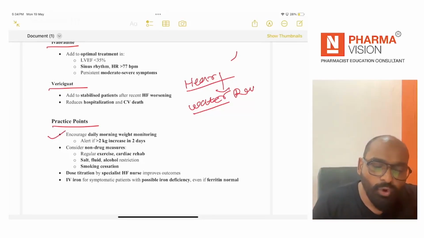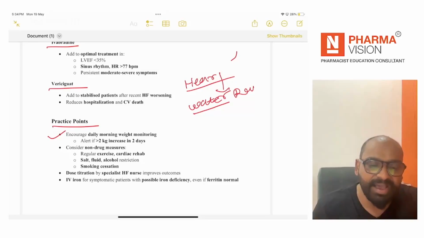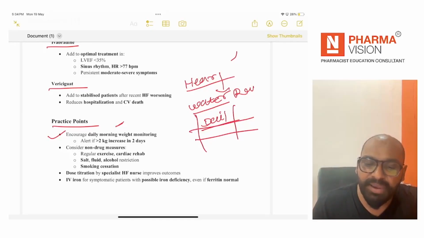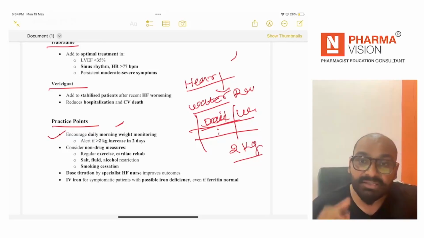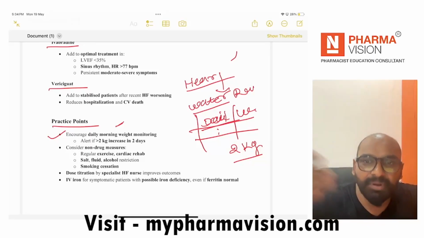That means all heart failure patients must maintain a weight diary. Daily weight monitoring, and they have to write down today's weight, the date and the weight. For example, if 2 kilograms of weight is gained in 2 days, that means the body is starting to accumulate more fluid, and heart failure symptoms might develop later on.